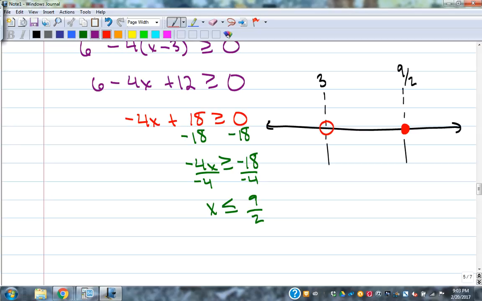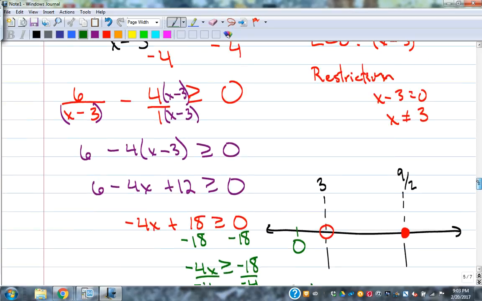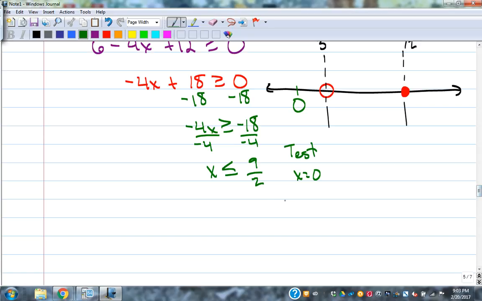So we need to pick a number that's to the left of 3 and plug it into the problem. 0 is an easy number to plug in, right? So we're going to plug that into the original equation. Test x equals 0. The original inequality had 6 over x minus 3 is greater than or equal to 4.